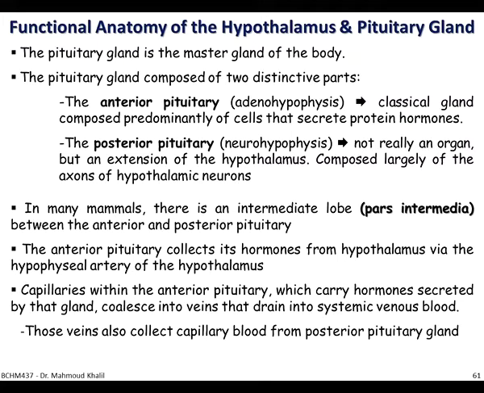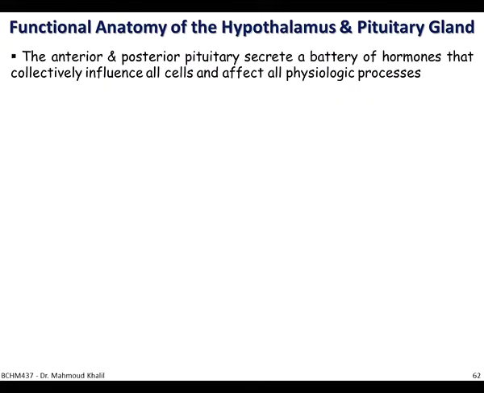Those veins also collect capillary blood from the posterior pituitary gland. The anterior and the posterior pituitary gland secrete a battery of hormones that collectively affect cells and all the physiological processes.